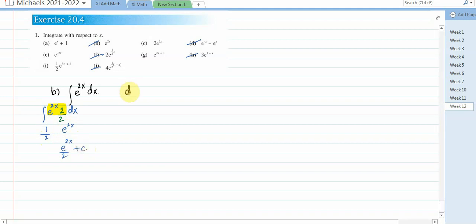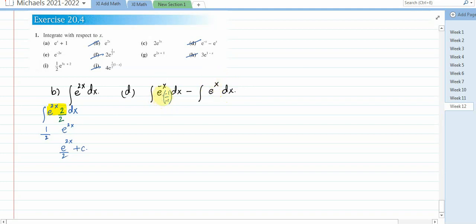After that, part D, integral of e to the power minus x dx minus integral of e to the power x dx. Alright. So for this part, the derivative of power minus x is minus 1, right? So we need to multiply and divide by minus 1, and in this case the power is x and the derivative of x is 1, so there is no need to multiply with any number or sign.